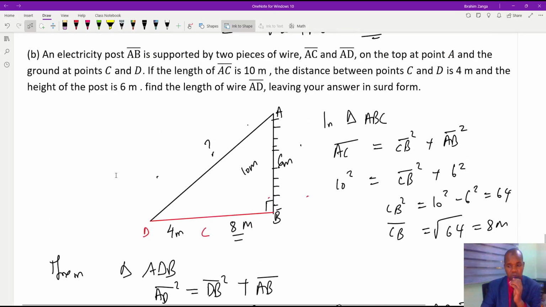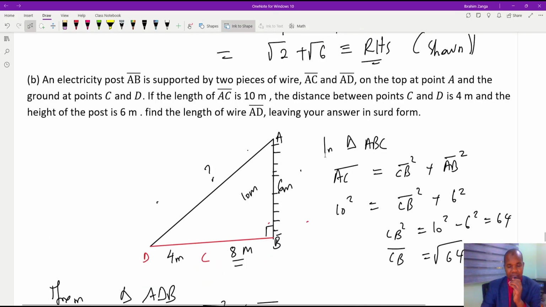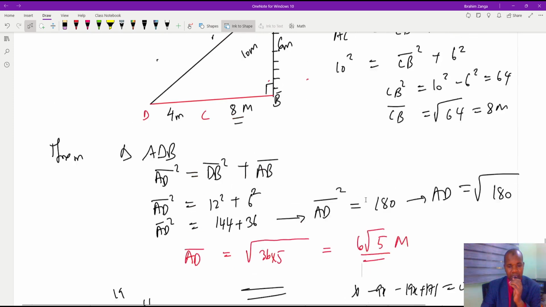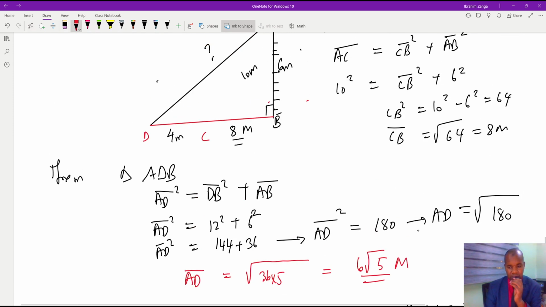So we're supposed to express our answer in that form, and so AD, dear students, is 6 root 5 meters, and that is the solution for question number 9.